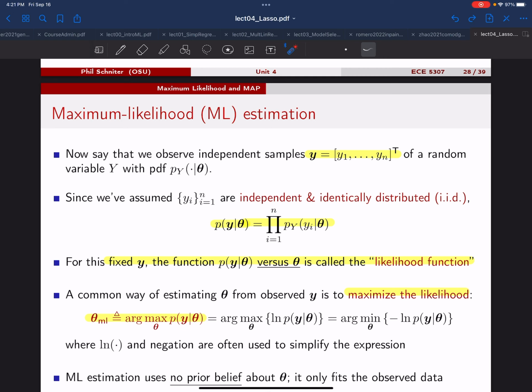And it turns out because the log as a function is strictly increasing, if you find the theta that maximizes the log of this function, you're finding the same theta that maximizes the original function. So you can put in the log there, and it does not change the location of the maximum. You could say that the log is order preserving.